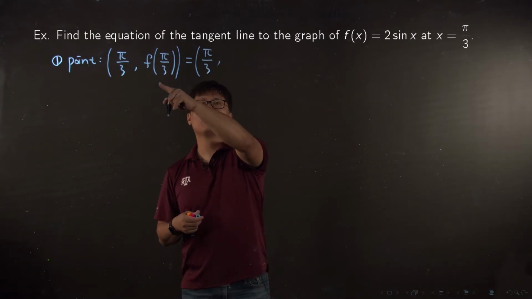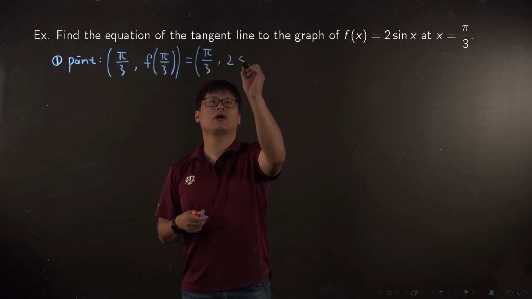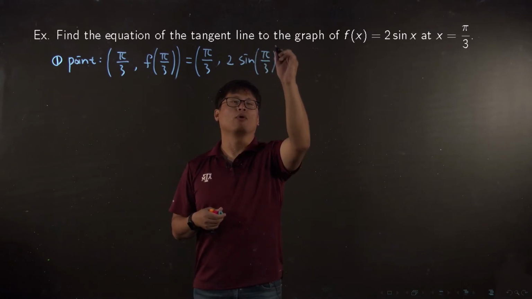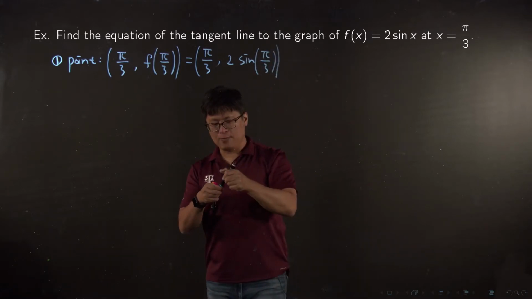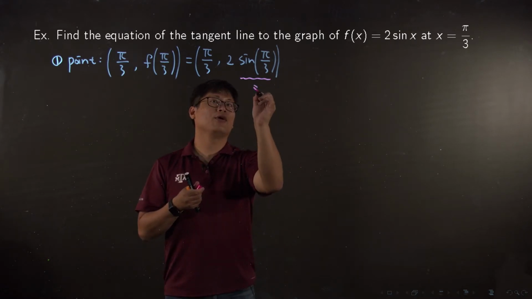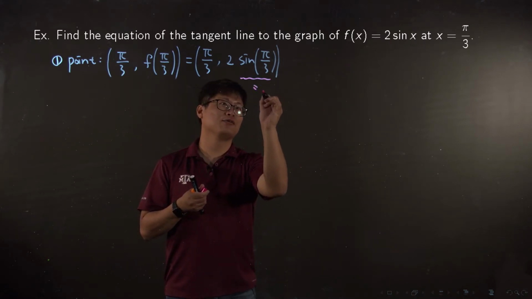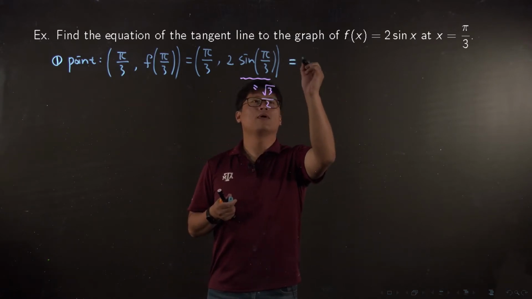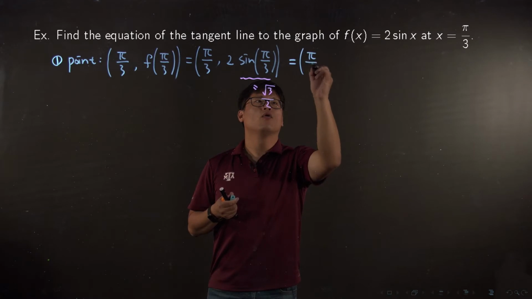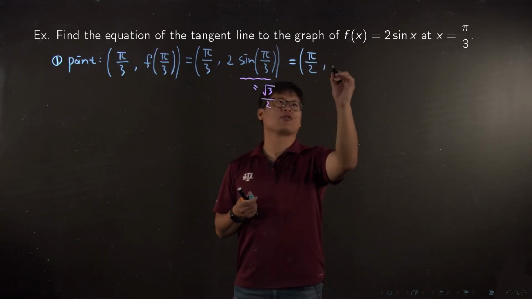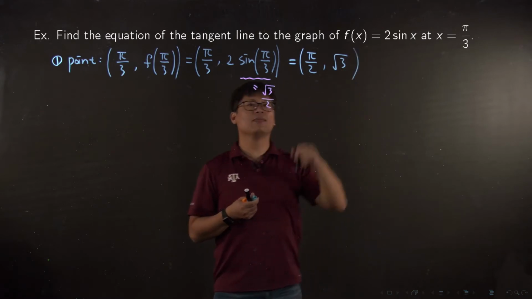When you plug pi over 3 into your function, it is 2 times sine pi over 3. What is sine pi over 3? Do you remember? You have to memorize this. It is equal to square root of 3 over 2. Then it is pi over 3, comma, 2 times square root of 3 over 2, which is square root of 3. That is the given point.